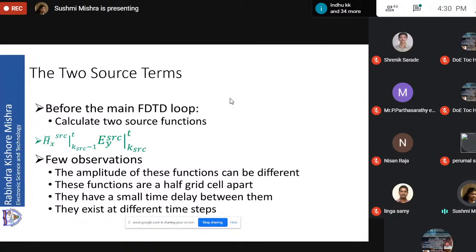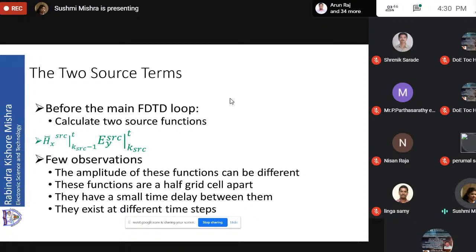Then comes another concept, which is called the two source terms. Before we go to the main FDTD loop, we calculate the two source functions. There can be two sources. One is for the electric field source, one is for the magnetic field source.